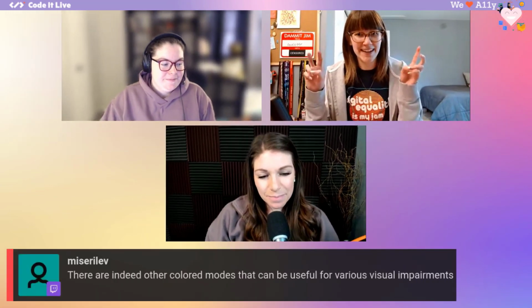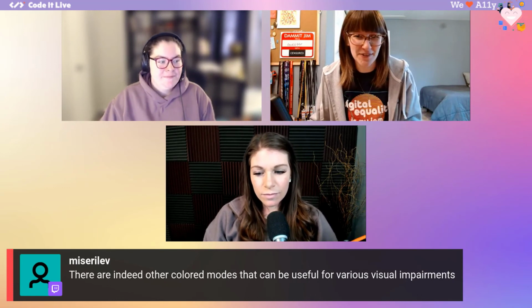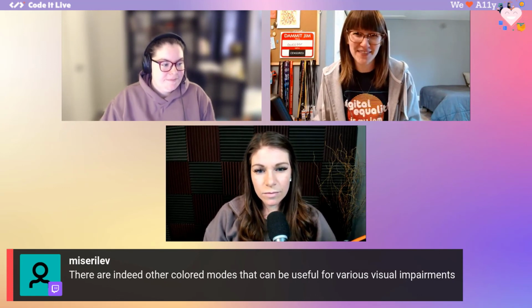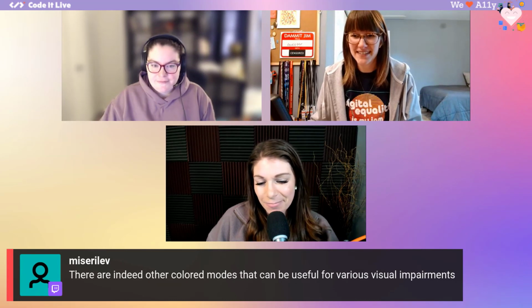But in that mode, it is genuinely almost no light at all. And it is red emitting light. So there's no blue light, in that if you did have your computer in the dark room, you wouldn't expose a photograph. Oh, but that's awesome. That is awesome. Yeah, the chat was saying that there are other colored modes as well. So yes, that's really cool.